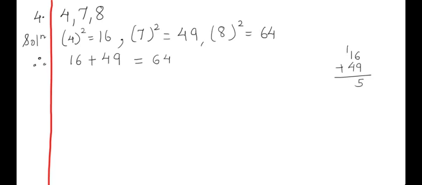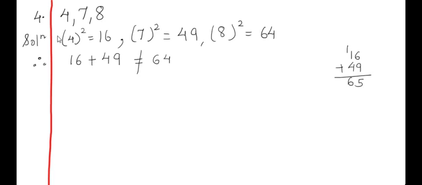So 5 and carry 1. 4 plus 1, 5. 5 plus 1, yes, 6. So it is 65. Then is 65 equal to 64? No. So we are going to write here not equal. 16 plus 49 is not equal to 64. And the next step, that is what? 16 is nothing but 4 square.